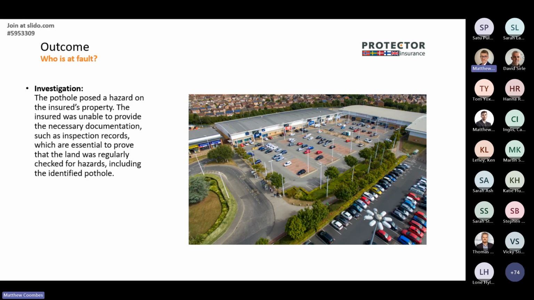The store failed to produce the inspection records necessary. The pothole posed a clear hazard on the insured's property, and its presence was not properly managed. To have a breach of duty, the store did not take reasonable steps to keep the premises safe for both visitors and staff, and the accident was foreseeable.